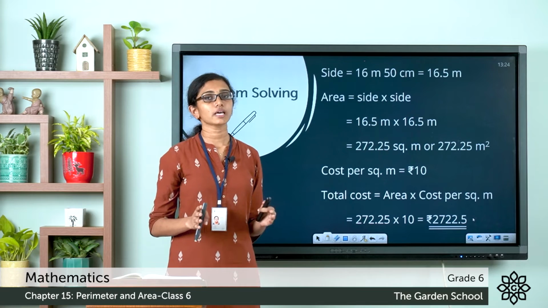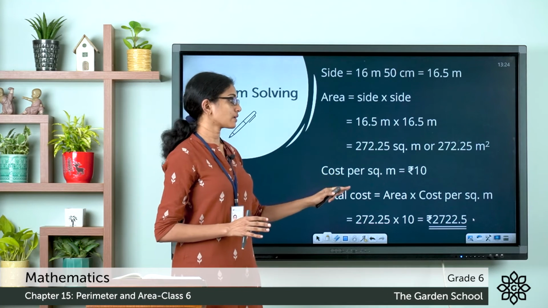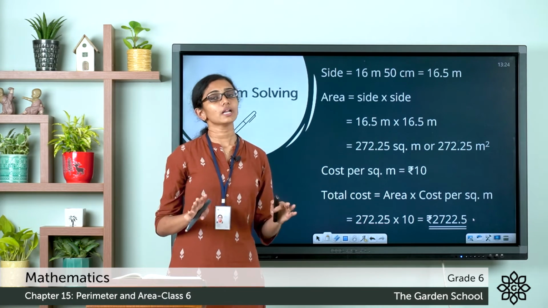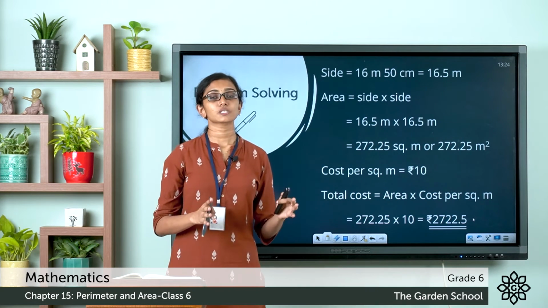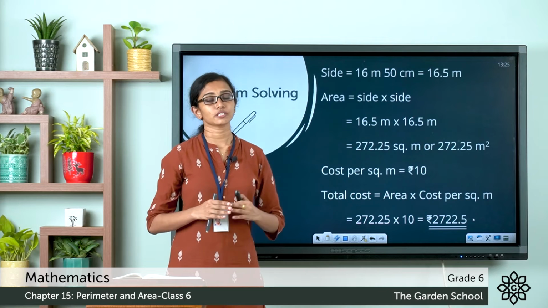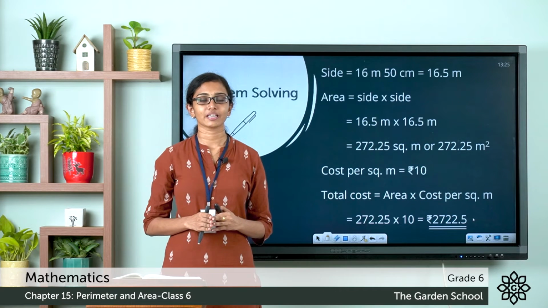So it will cost them a total of 2722.5 rupees to level up the square plot. So this is how we can apply this formula to a real life situation. I hope the example is clear to you.